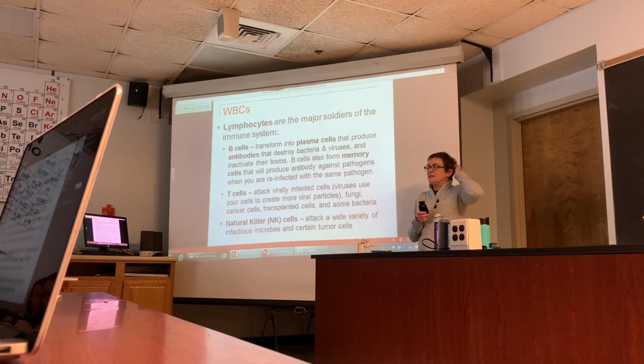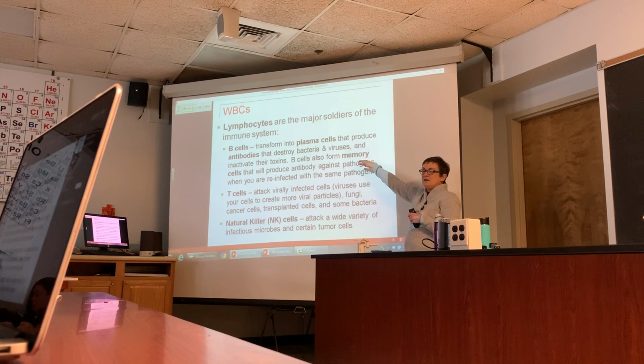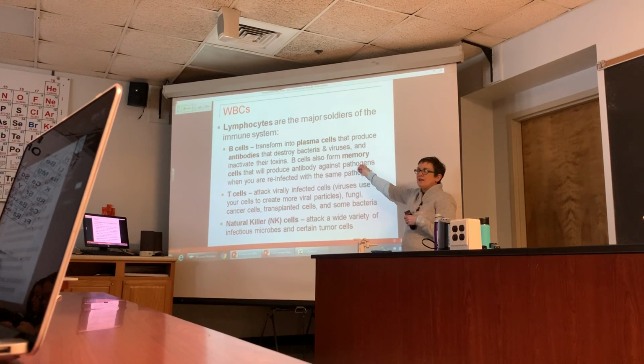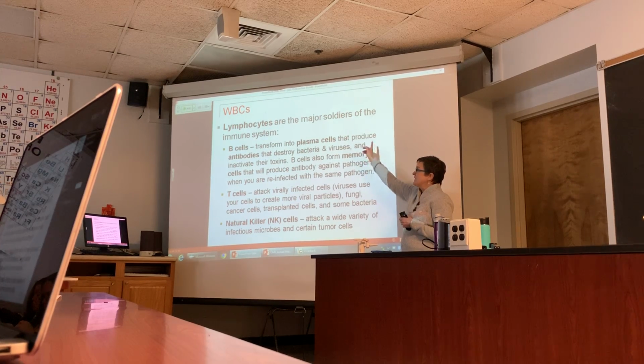Memory cells are the cells that carry that immunity into the future, so that if you get chickenpox, you develop B cells that become plasma cells and produce antibody against chickenpox virus, and you get rid of the chickenpox virus. Meanwhile, you've got other B cells becoming memory cells that carry the immunity or the memory of that infection, so that when you get exposed to chickenpox again later in life, your memory cells can transform into plasma cells and start producing antibody against the pathogen.